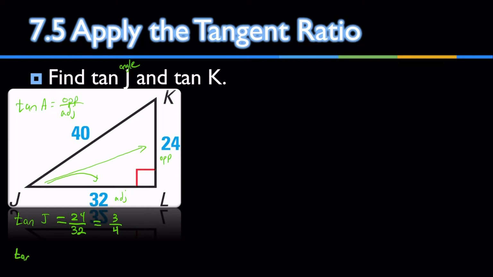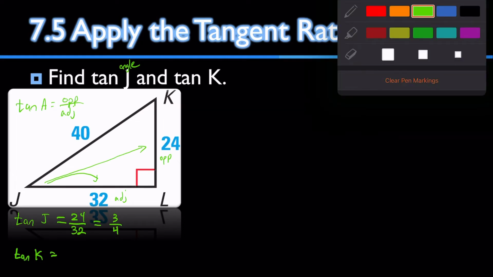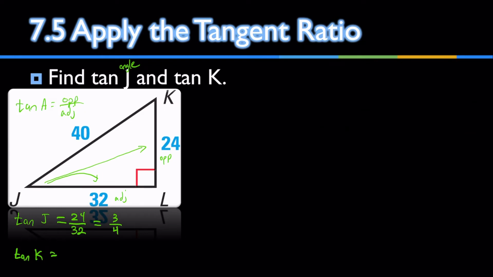How about tangent of K? Again, it's tangent followed by an angle. But wait, now we have a different setup. So from K, the opposite is now 32, and the adjacent is now the 24.